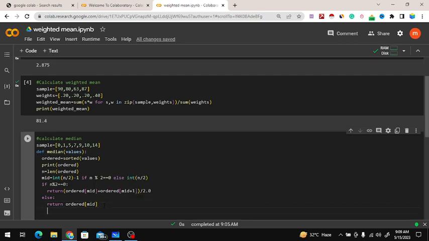And let's see, just go back, let's print, parenthesis, median, and inside of this parenthesis what's the variable, it is simple. Let's check it.